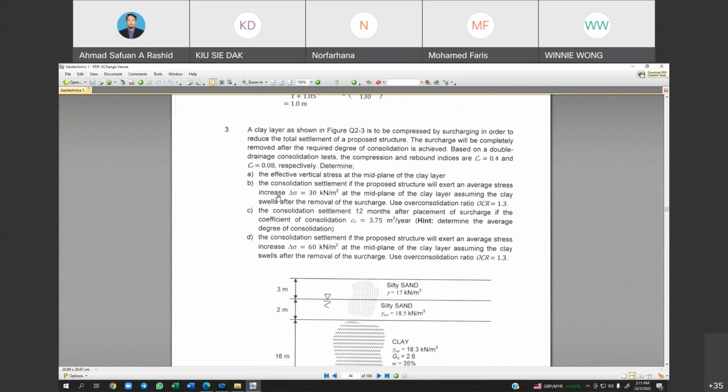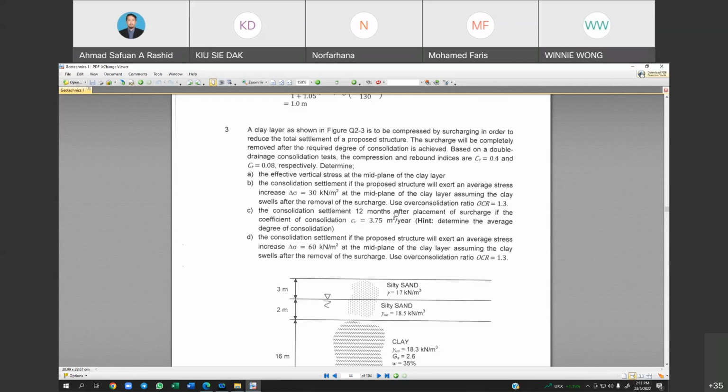B, the consolidation settlement, if the proposed structure will exert an average stress increase of 30 kilonewton per meter square at the midplane of the clay layer, assuming the clay swells after the removal of the surcharge.